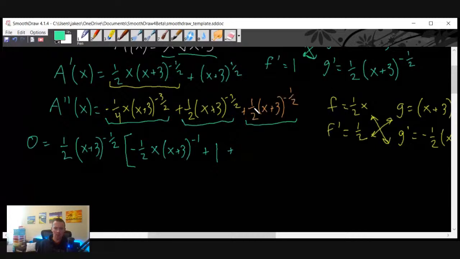Okay, and then again, we factored out a 1/2. Our 1/2 is going to be pulled out, and then we have again this x plus 3 to the negative 1/2. So that could have been simplified by just combining these two terms into the same thing. Either way, we're going to end up with the same thing there. It's going to simplify down the same.